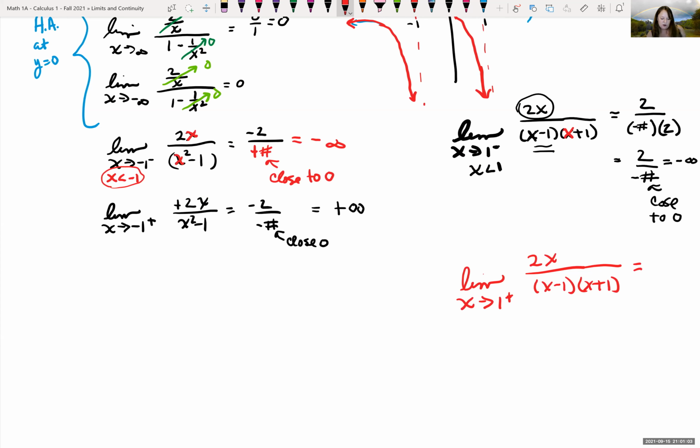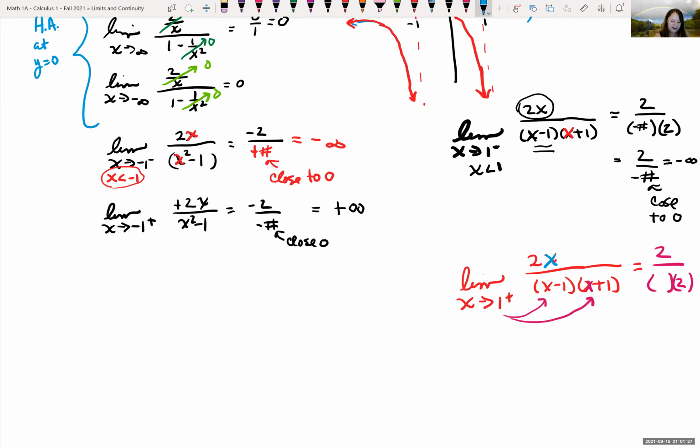I'll just move the screen up for a minute. So if I'm plugging in 1 on the right, that's not going to matter for my numerator. I get this 2 times 1, which is 2. If I plug it into the first factor, that's where I have that problem. If I plug 1 for x into the second factor, I get the 2.